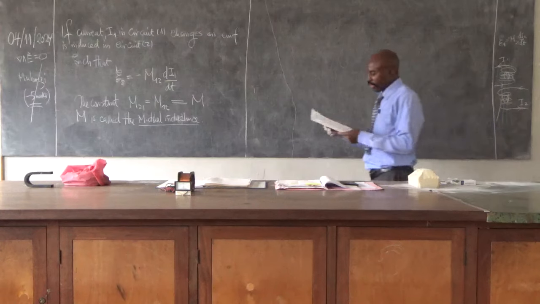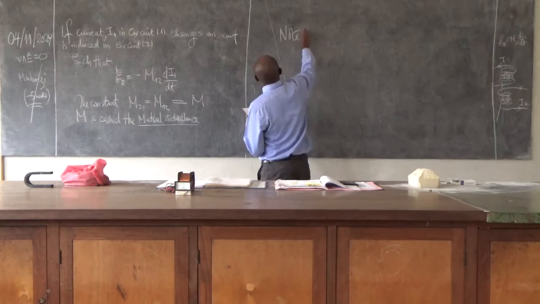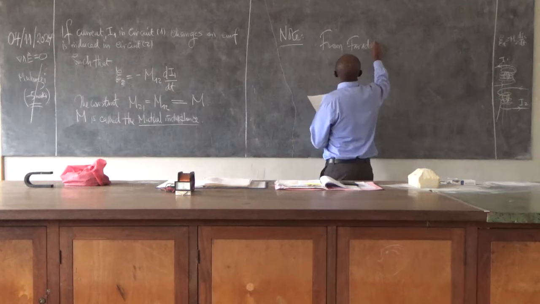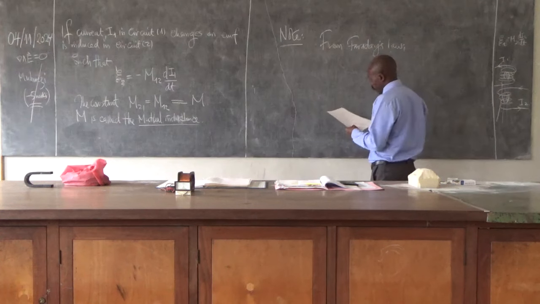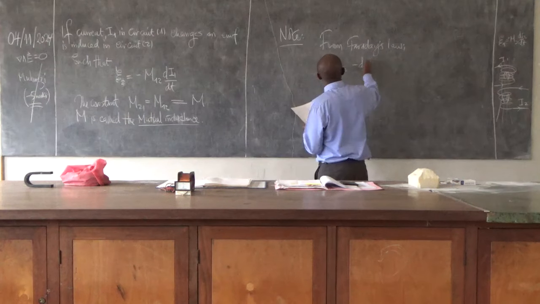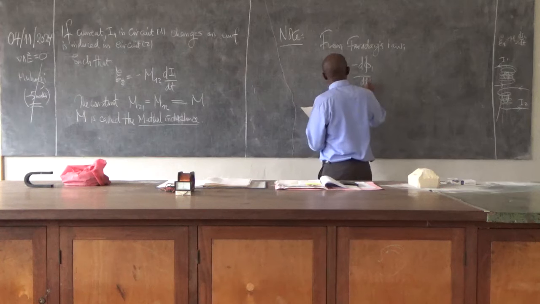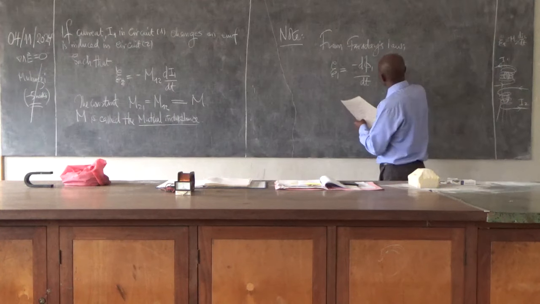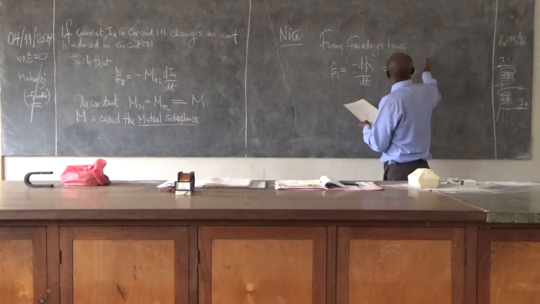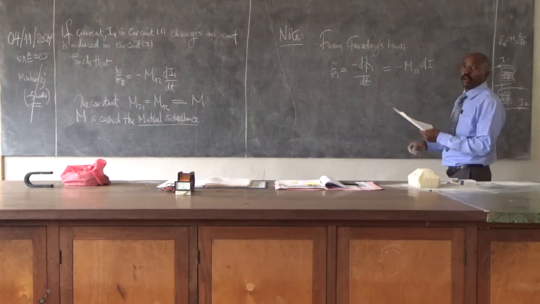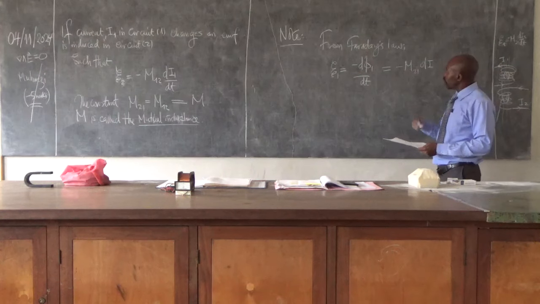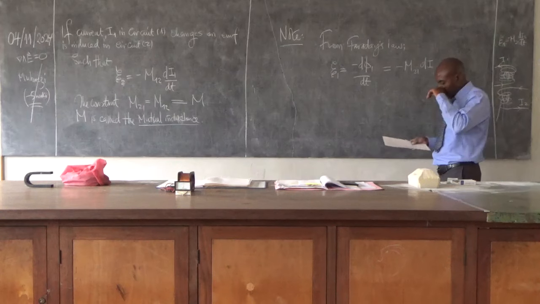So we gotta note that from Faraday's law, we got that the E1 would actually have been minus d phi 1 dt for self-inductance, but also this would be the same as minus M21 times the changing current. It could have resulted from this field coming in and threading coil 1, circuit 1.